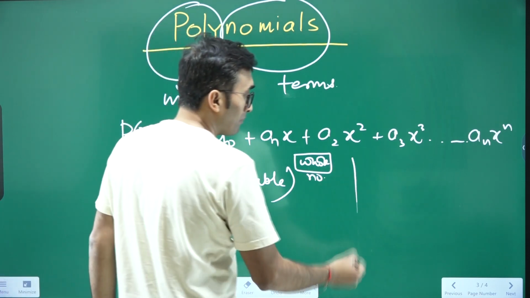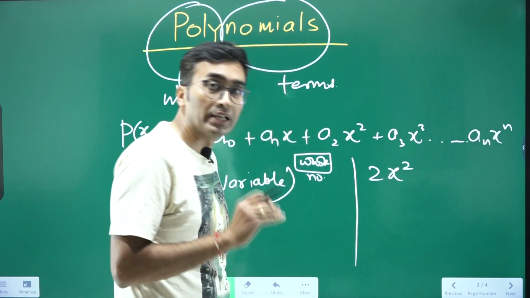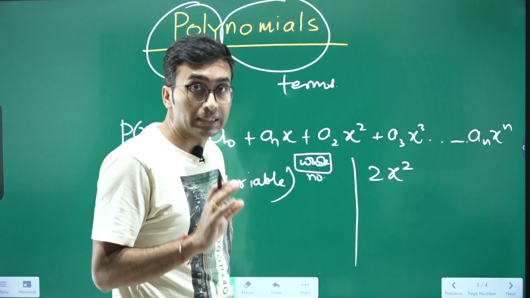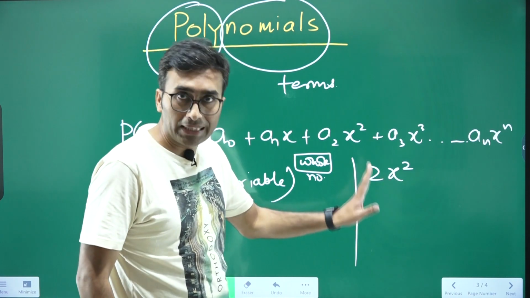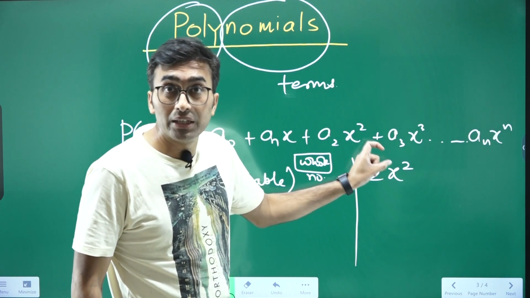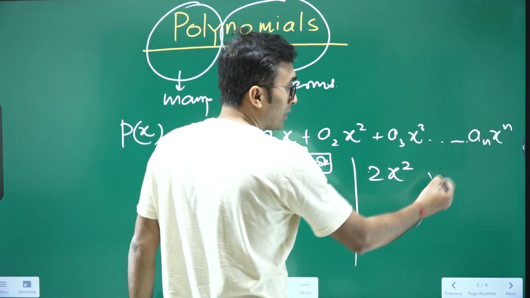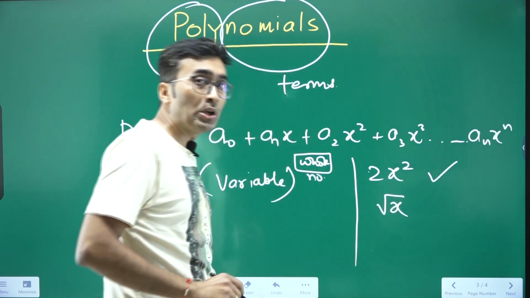If I take an example, let's say 2x square. Is it a polynomial? Yes, it's a polynomial because we have a single term. It satisfies the condition, and the power of the variable is 2, so it is a polynomial. If I say root x, is it a polynomial?